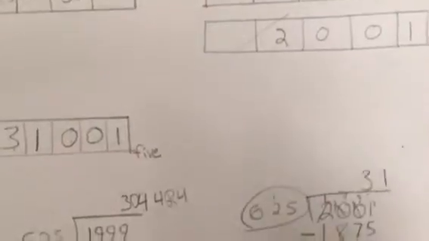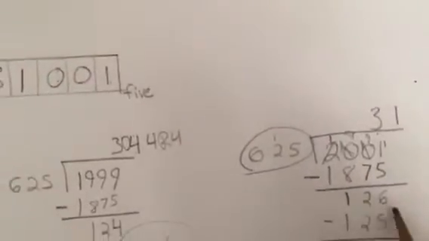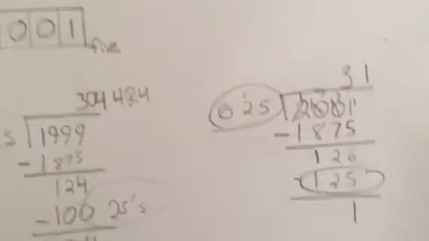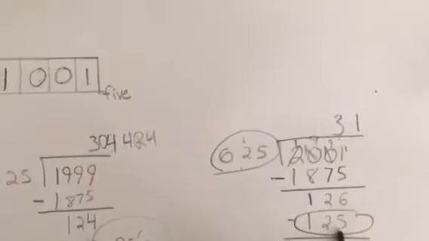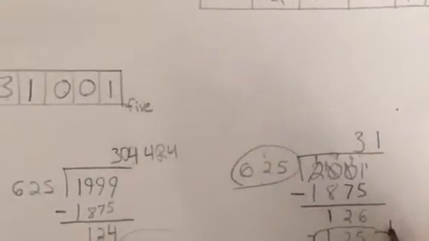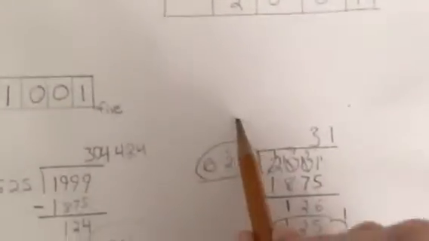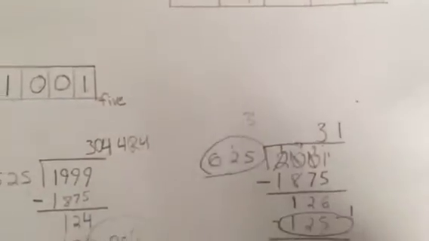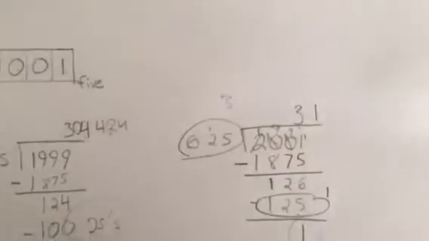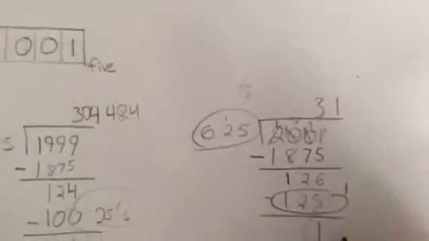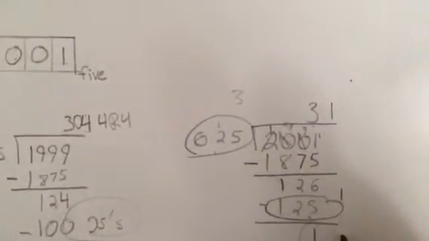So our 625s are super bundles. Our 125s are super bundles. We have 1 of these, and we have 3 of these. We have 1 left over, which, if you think really hard, you're going to know is going to go in the 1's place.